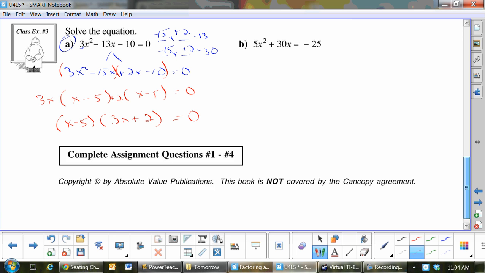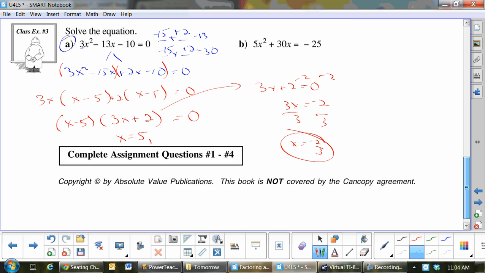Okay, the first x is pretty easy to find. What would it be? Okay, so x equals 5. And the other one would be, again, if we suck at these, we just go like this. 3x plus 2 equals 0, minus 2, minus 2. 3x equals negative 2. At this stage, you should know it's negative 2/3. But if you really want to keep going, do that.